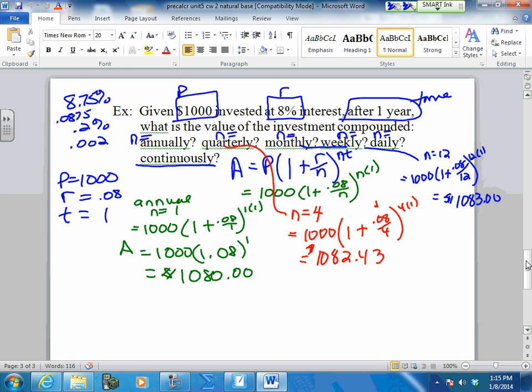We did quarterly. We're doing each one. We said everything stayed the same except how often we compound our money. So we're seeing what difference that makes. And if you notice, from annual to quarterly to monthly, we've increased a little bit. Now, if you're investing a lot of money, it makes more of a difference. But, you know, investing a little money.